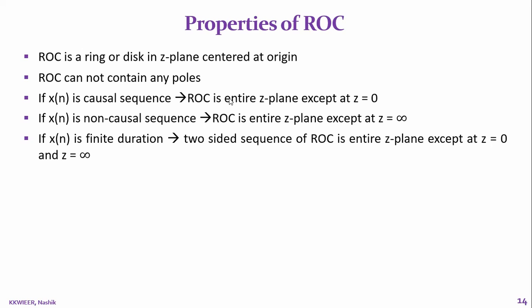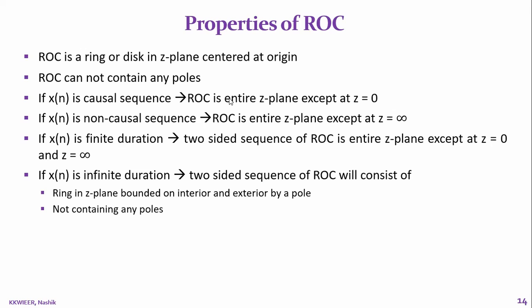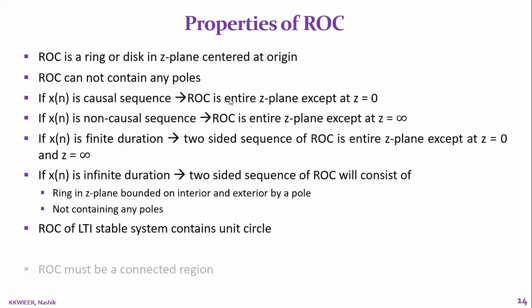In case of a finite duration two-sided sequence, ROC is the entire z plane except z equal to 0 and z equal to infinity. Whereas if it is an infinite duration sequence, then it will consist of a ring in the z plane bounded on the interior or exterior by a pole and not containing any poles. ROC of an LTI stable system contains the unit circle. ROC must be a connected region.